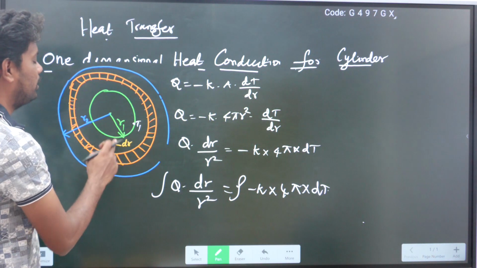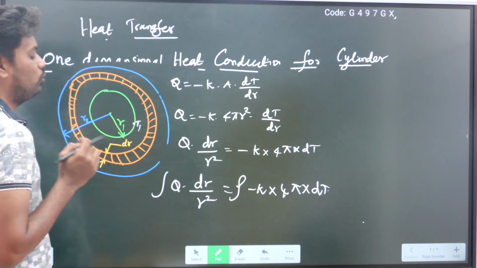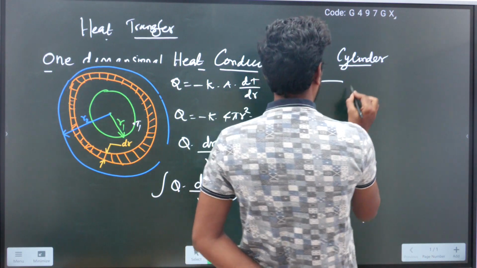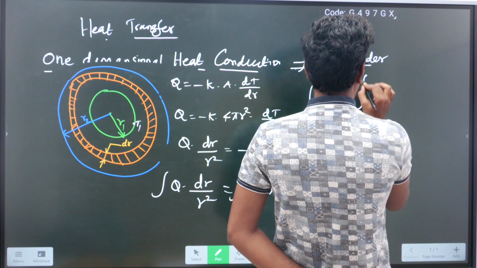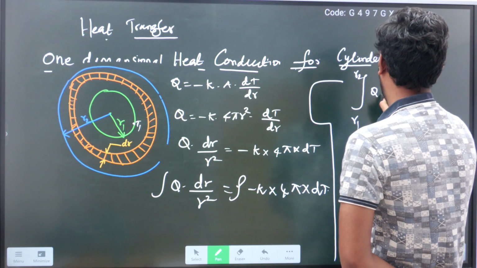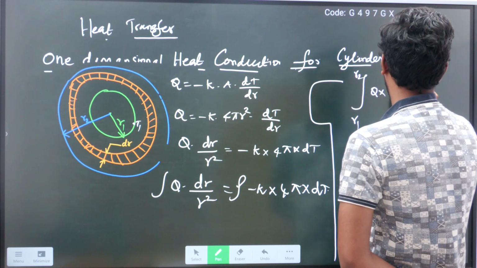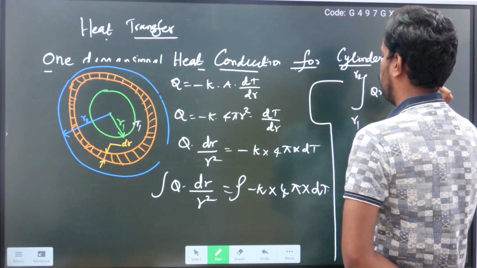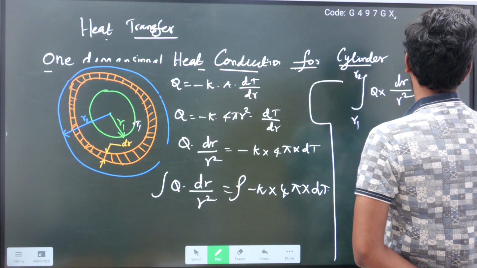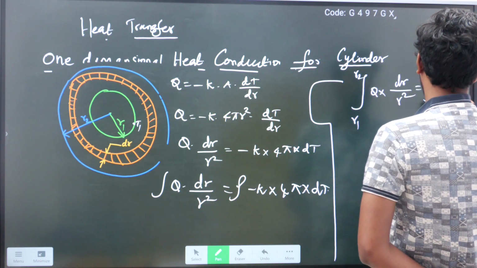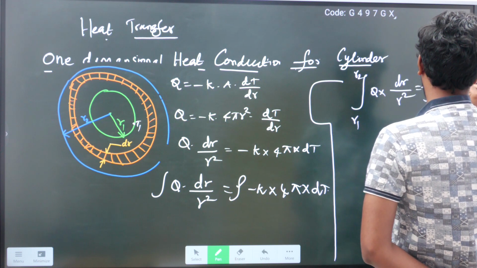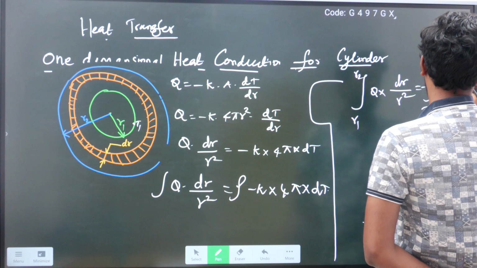This integration is with respect to r1 to r2 on one side, and t1 to t2 on the other. So the integral of r1 to r2 of Q into dr by r squared equals the integral of t1 to t2 of minus K into 4 pi dT.